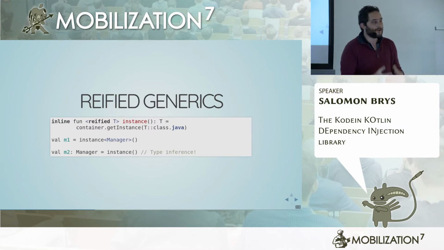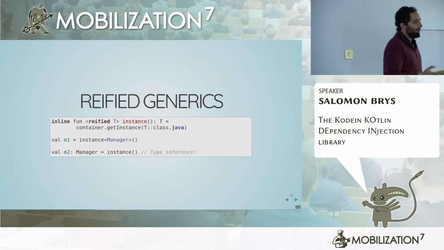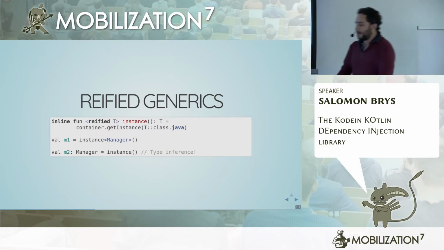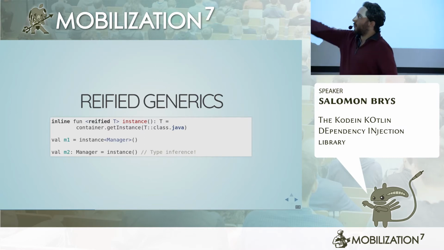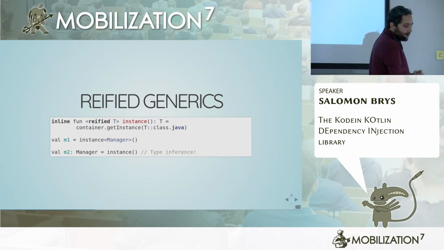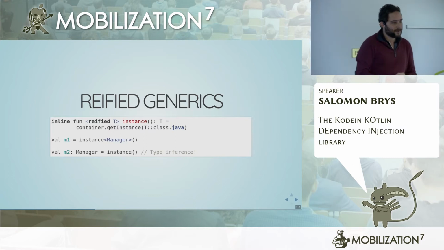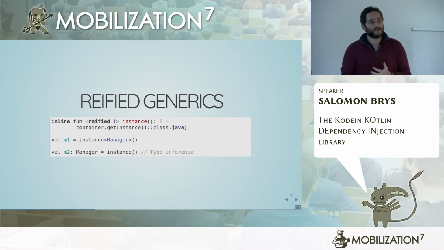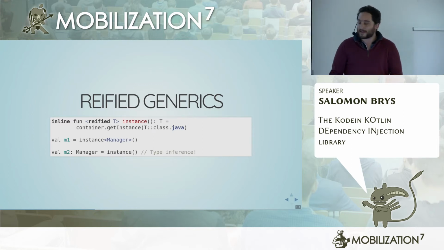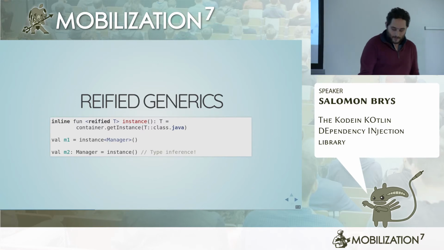Now you have implicit parameters that you don't even have to tell the compiler, because it will infer this from the type of the value that you are trying to get. And Kodein heavily uses this feature to have a result that is understandable and readable.